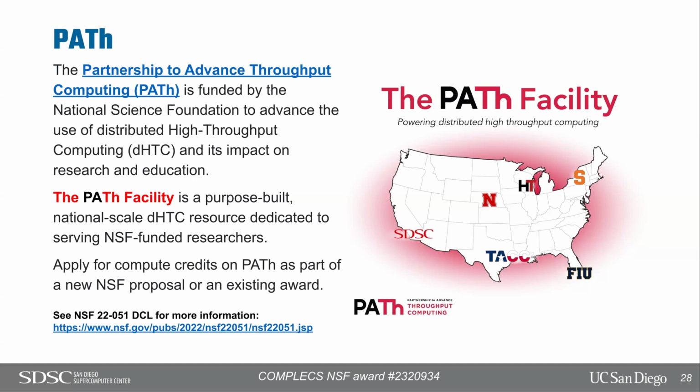With PATh, there is no preemption, as far as I'm aware. So it's a more dedicated facility that allows you to do the same types of things, but at bigger scale and in a more reliable fashion over time. So this is another resource if you're doing high throughput computing workflows.